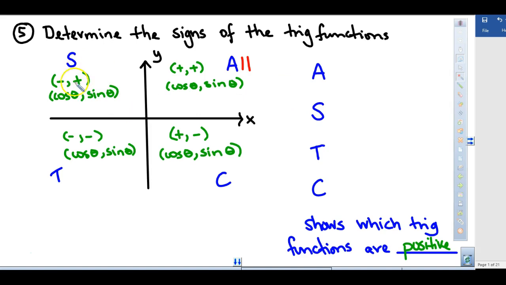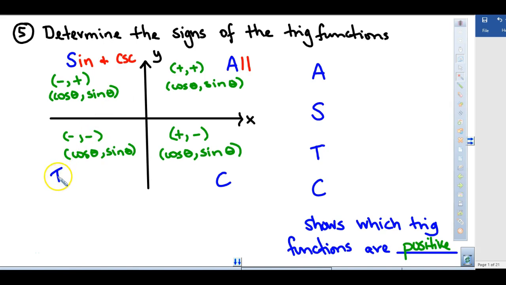In quadrant 2, sine and its inverse, which is cosecant, will be positive. That's because your y-coordinate is positive. Notice that sine is positive in both the first and the second quadrant. But these are the only 2 trig functions that will be positive in the second quadrant. The other 4 will have a negative value.